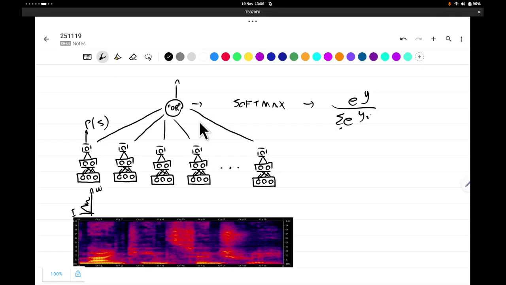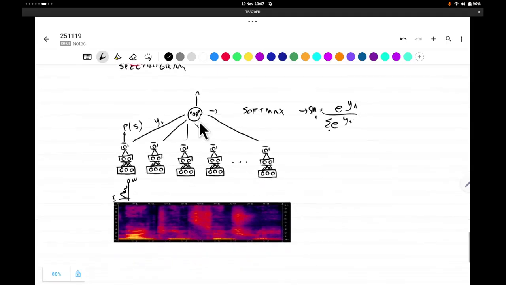So you take all the y's here, and softmax of i will be the exponential of that input normalized by the sum of the exponentials, and this will give us a 1 if something happens, or 0 if not, and some intermediate value if we have seen a portion of something. Yeah, so this would be the basic idea.